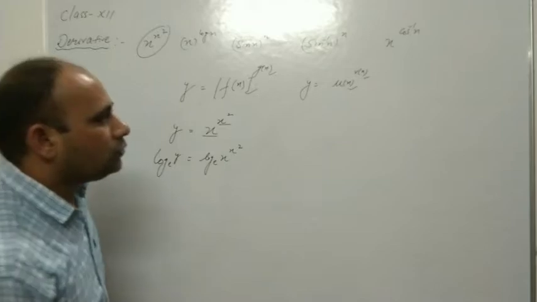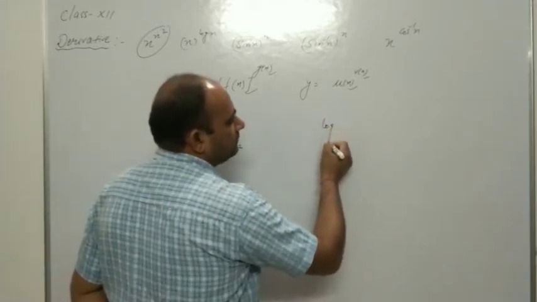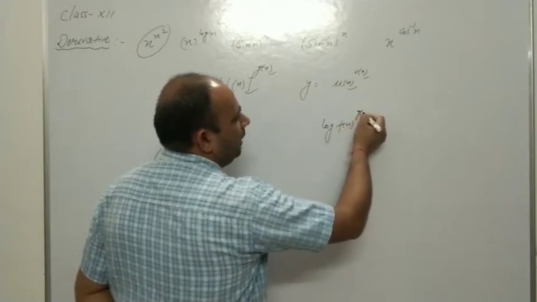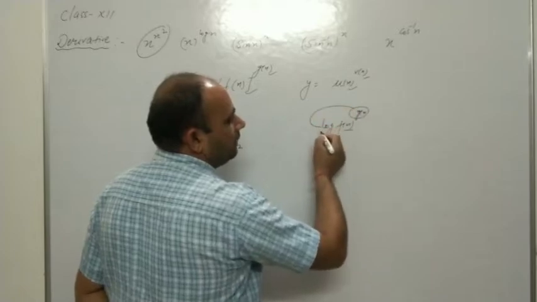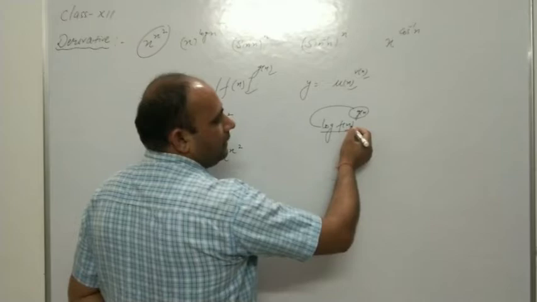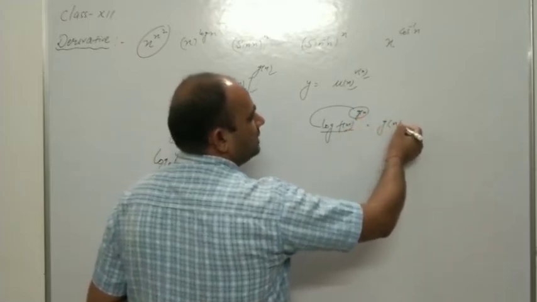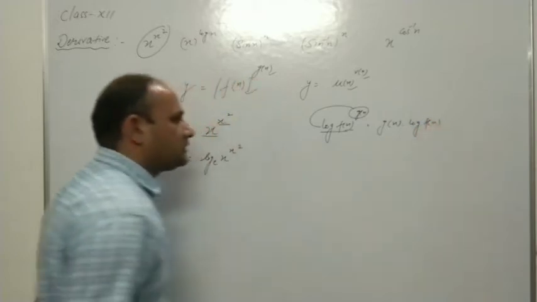Now you know log has one property in which the power of the function changes into a multiple of the whole function, meaning log f(x) raised to the power g(x) is equal to g(x) into log f(x).